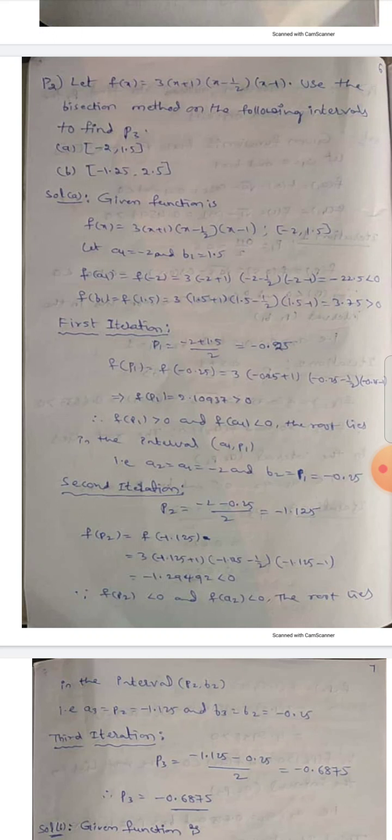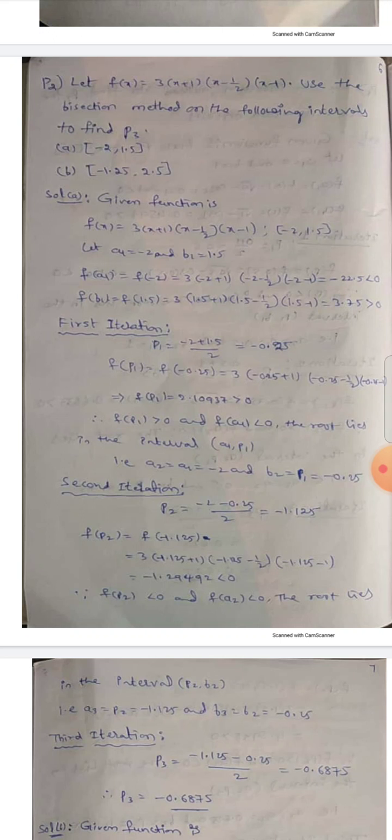Simplifying gives 3.75. This is greater than 0. First iteration: substitute n equals 1 in the formula. p1 is equal to a1 plus b1 by 2, that is -2 plus 1.5 by 2, is equal to -0.25.